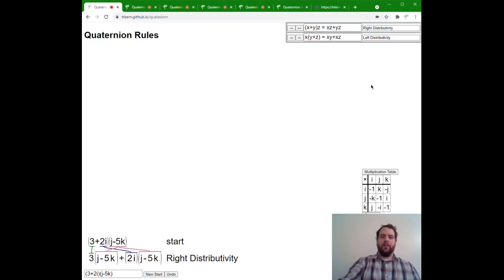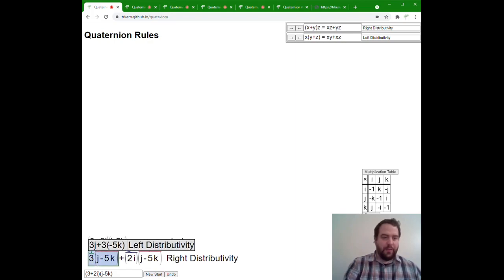Now normally, if you wanted to distribute something in from the right, all you would have to do is use commutativity to move it over to the left, and then use left distributivity to distribute it in. But with quaternions, the order that you multiply things in matters, so we can't actually do that. We need both the right distributivity and the left distributivity rules in order to be able to work with something like this. So let's now take this 3 times (j - 5k), and let's distribute the 3 out.